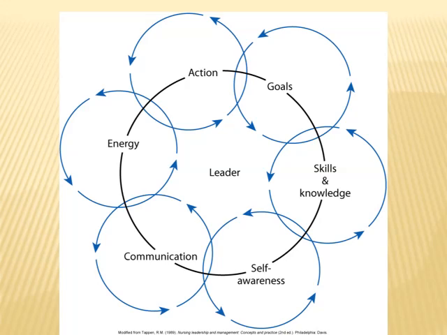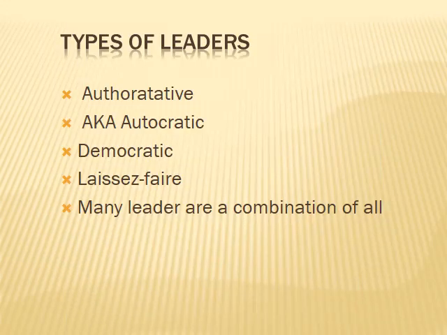This slide shows all the things that go into a leader: energy and action and goals, skills and knowledge, self-awareness, communication ability, and they're all interacting as skills of a leader. Let's talk about some different types of leaders. You probably have heard of authoritative, sometimes described as autocratic.